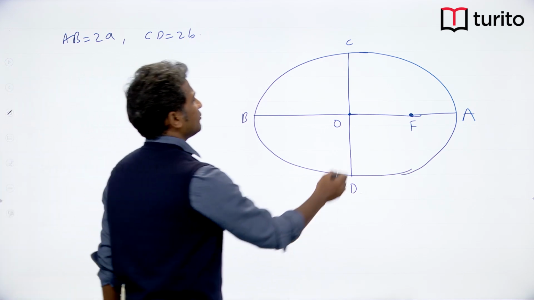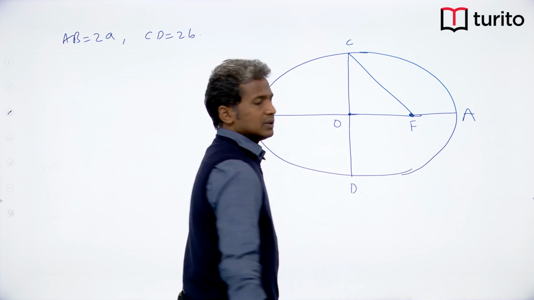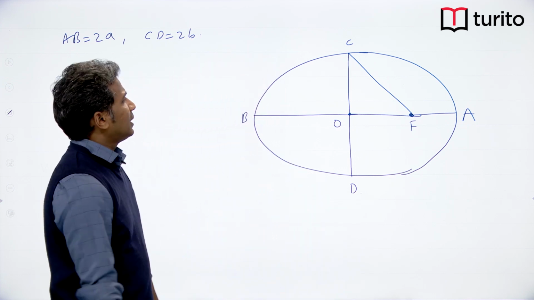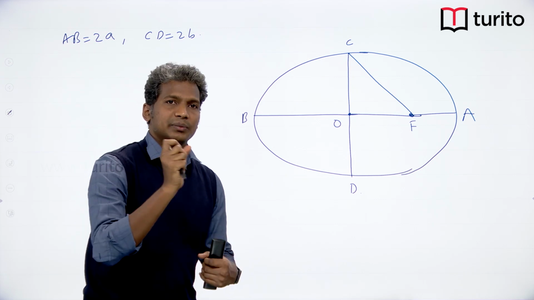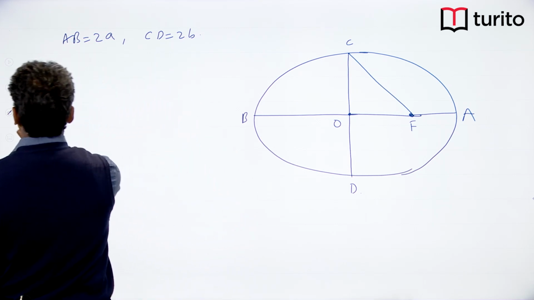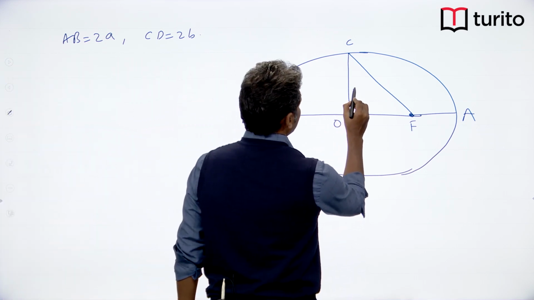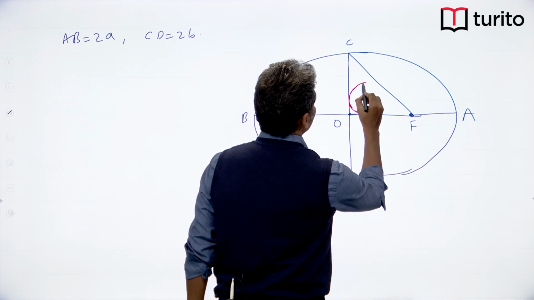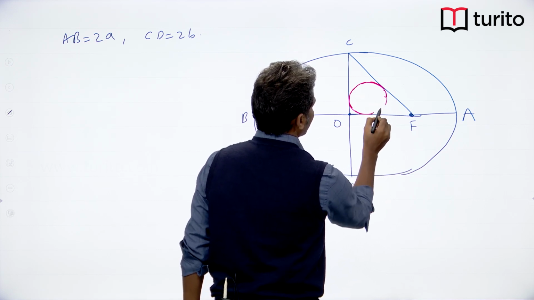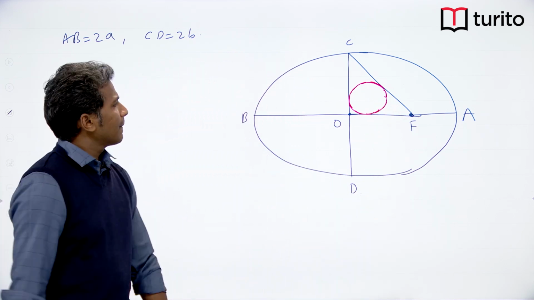And what else is the information given? When we join C and F, one triangle is formed, and the incircle of that triangle is given with its diameter. So, let us take one circle here; this is my incircle.